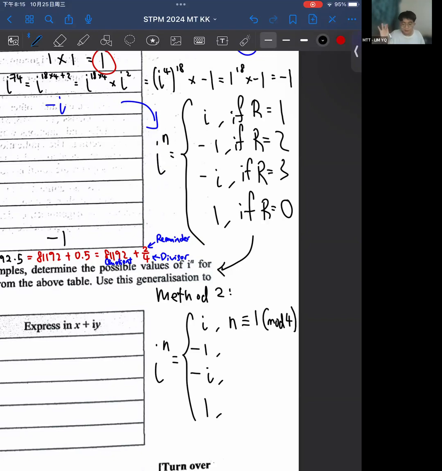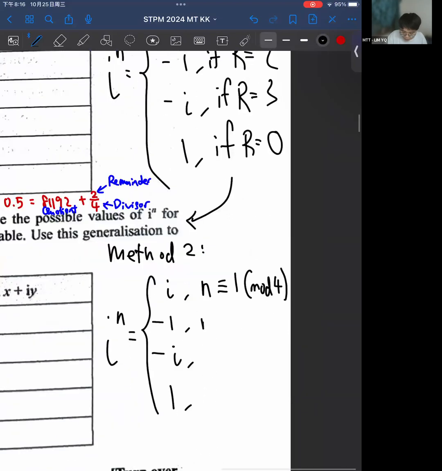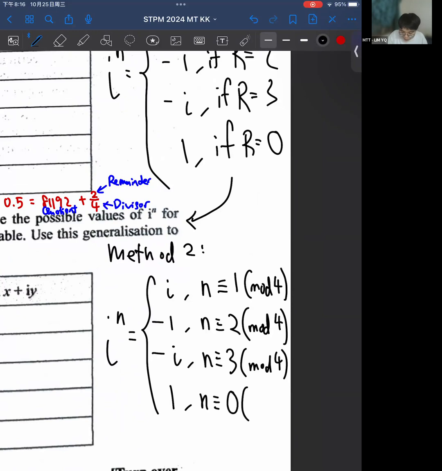This is not in your syllabus, however, which means when we divide by 4, the remainder is 1. This is another way of writing. Simpler writing. You can still choose the first method, I would say. So remainder is 2 when divided by 4. Remainder is 3 when divided by 4. Sorry, mod 4. And the last one, the remainder could not be 4, so it's 0. So this is the second method to write.